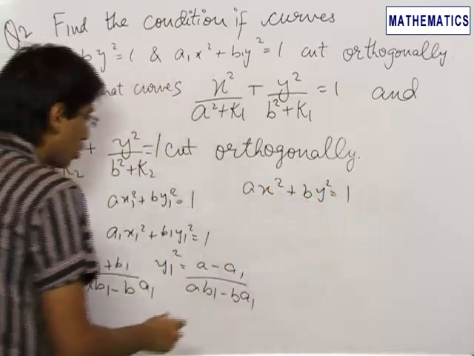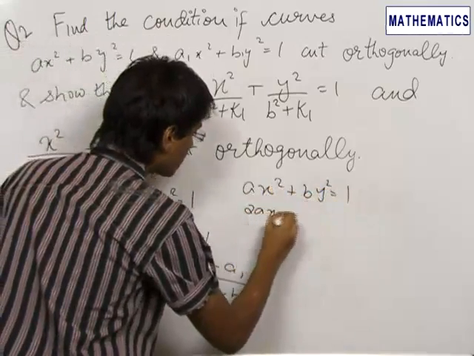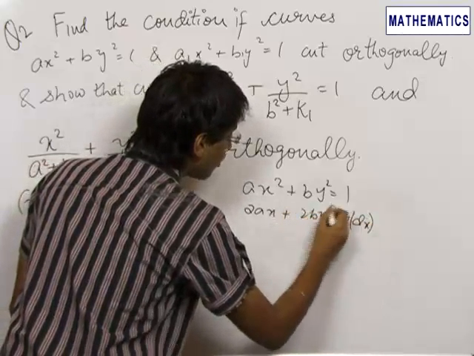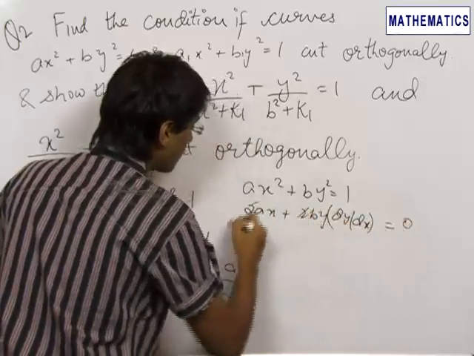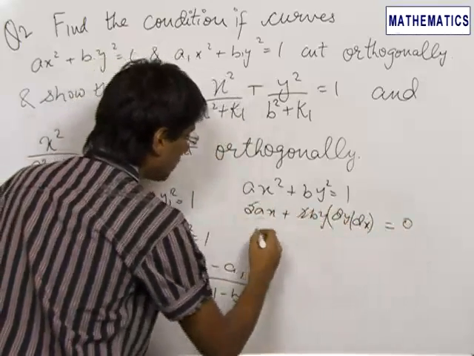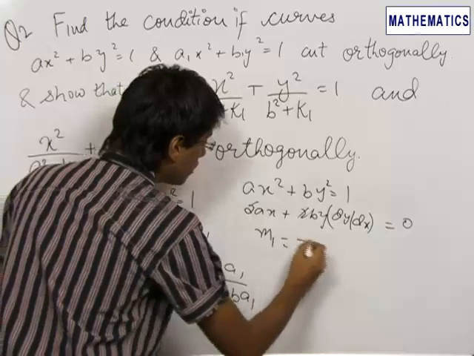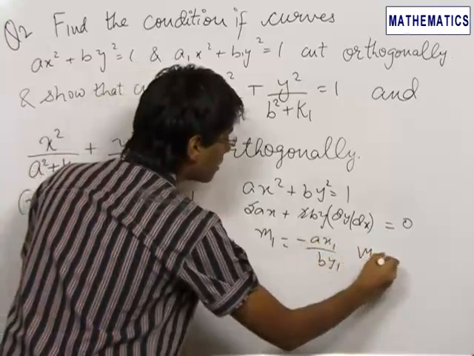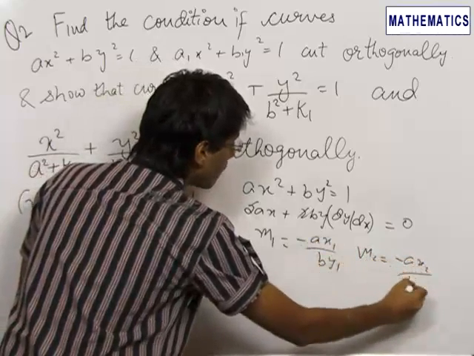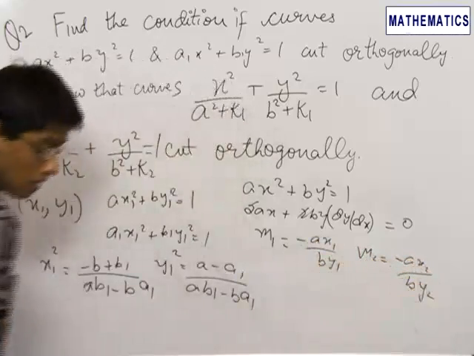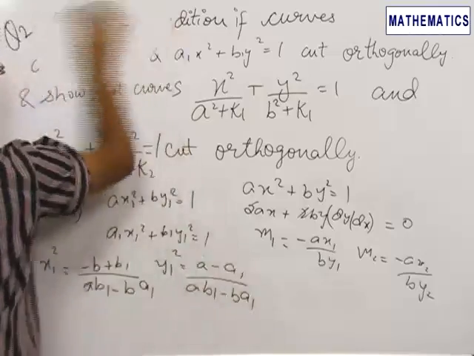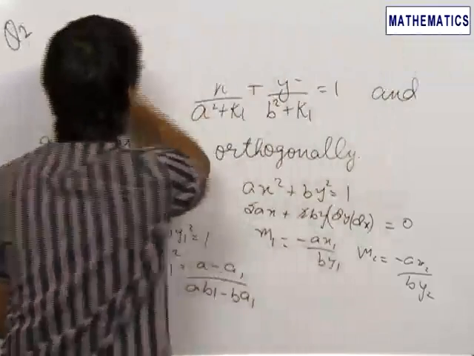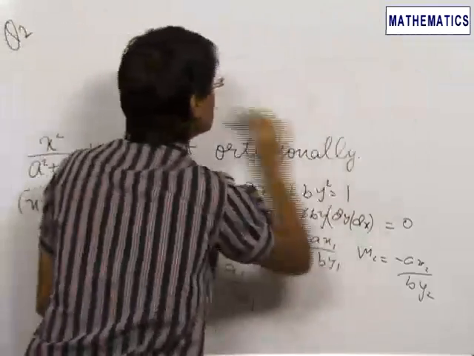Now we have the curve ax square plus by square equals 1. Differentiating this curve to get the slope of tangent, we have 2ax plus 2by dy by dx, which we know is equal to 0. Hence, at the point x1 comma y1, the slope of first tangent is equal to minus ax1 upon by1, and for the second it is equal to minus a1x1 upon b1y1. And we know that m1 m2 is equal to minus 1, since we need to find the condition if the two curves are cutting orthogonally.